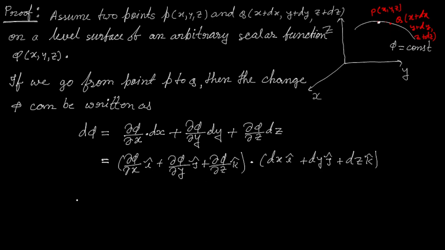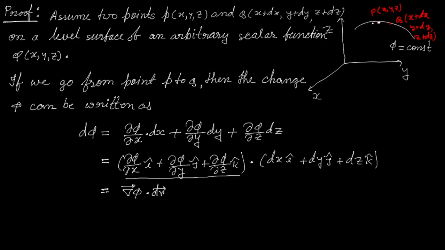And from the way we have defined the gradient of a scalar function, we can say that this first term represents the gradient of the scalar function phi, so we can write grad phi. And the second term we can represent as an elementary length vector between P and Q, that is the vector dr.